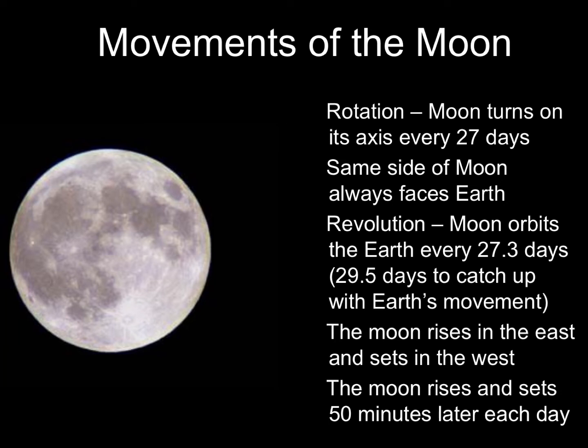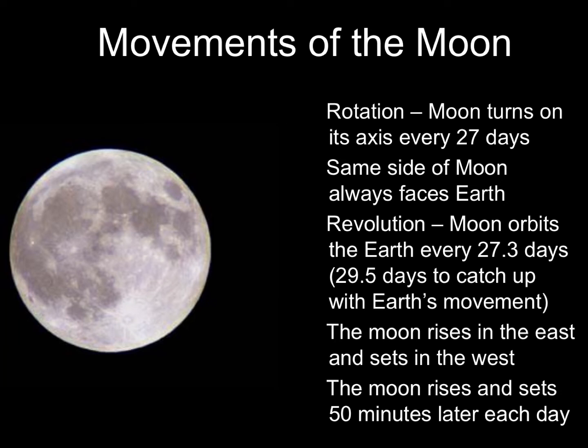The entire lunar cycle, though, lasts 29.5 days, slightly longer, because even though it takes the moon 27 days to get around the Earth, remember that the Earth has moved along its orbit as well, and it takes the moon a couple extra days to catch up.